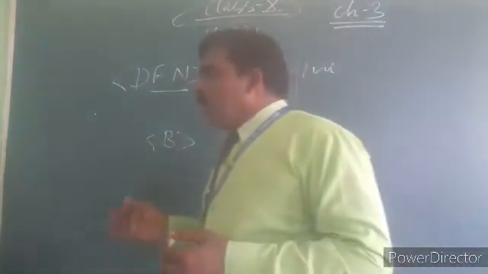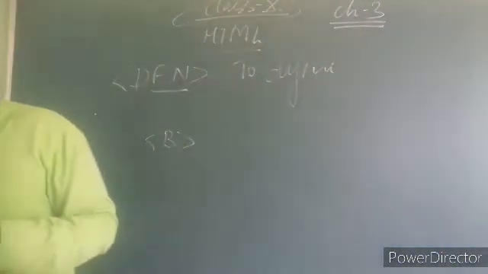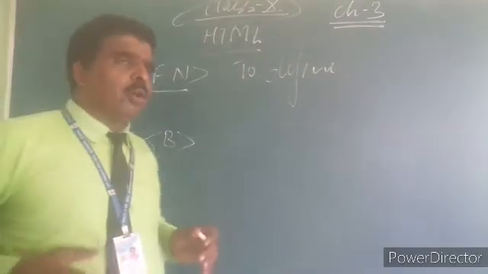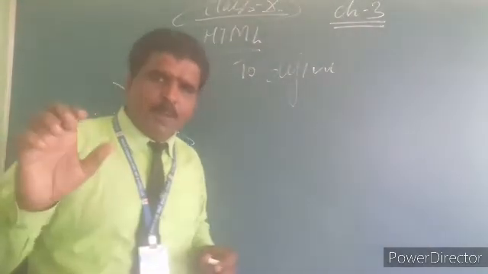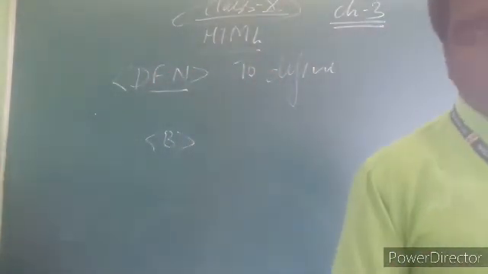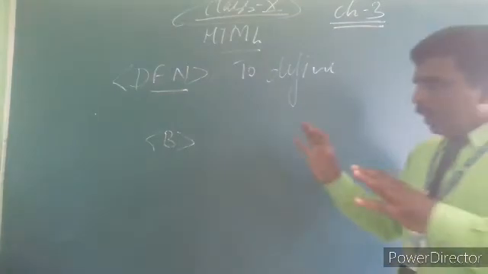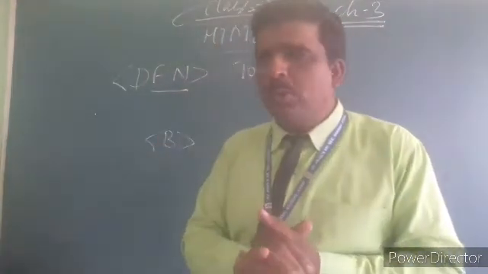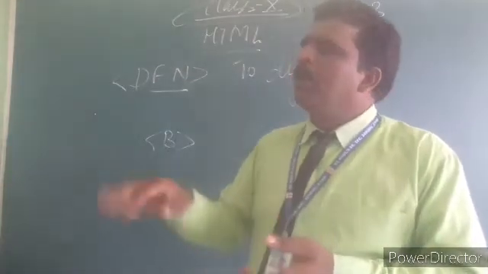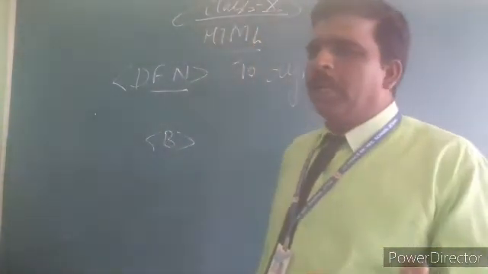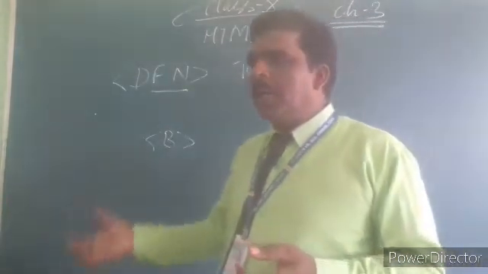So the thing is that I am comparing both the tags, DFN and B. Suppose B is related to boldness. Maybe another tag you are taking, like italic, like underline.